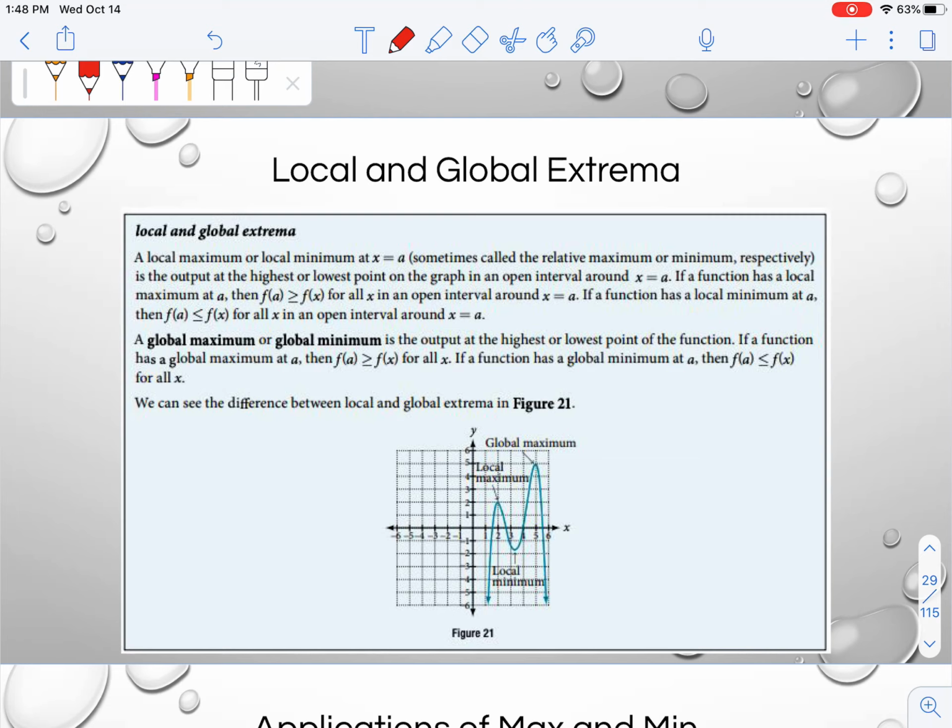And you can see here in the picture we've got two local mins or maxes, one of each, and then we have a global max, which would be the highest point on the graph altogether.